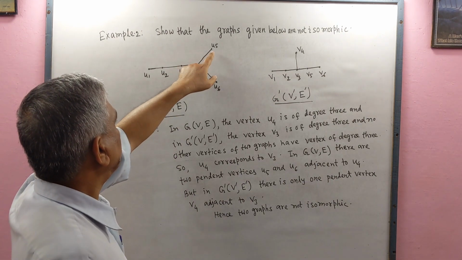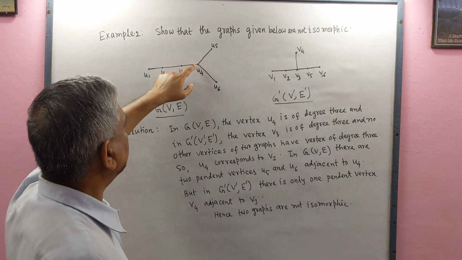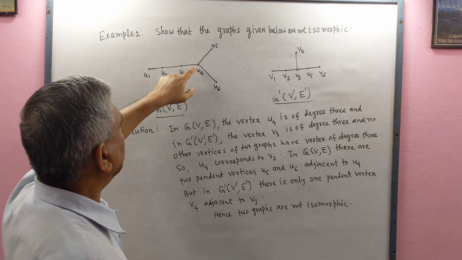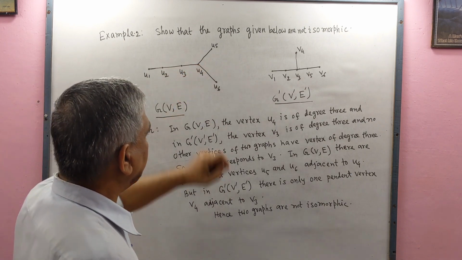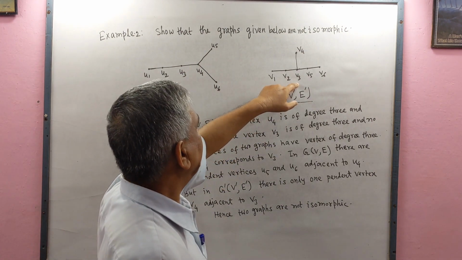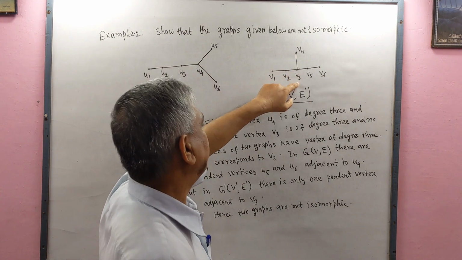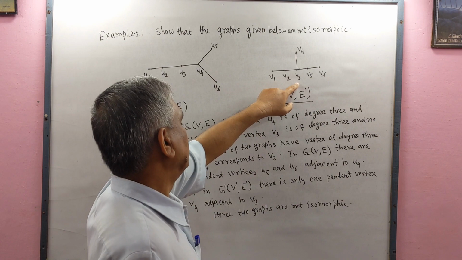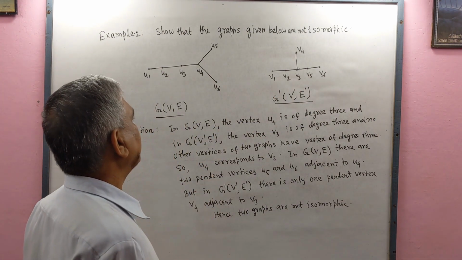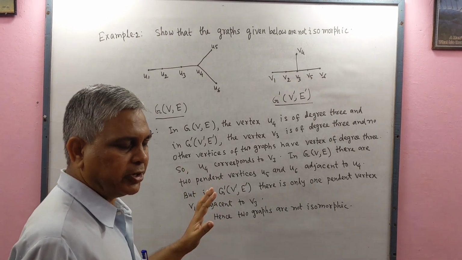So two pendant vertices U5 and U6 are adjacent to the vertex U4, which is of degree 3. Here with V3 we see that only one pendant vertex V4 is adjacent to V3. So the two graphs are not isomorphic. There may not be a 1-1 correspondence.